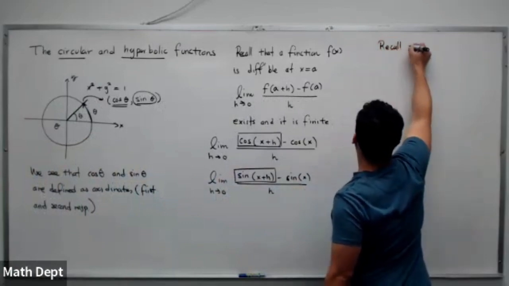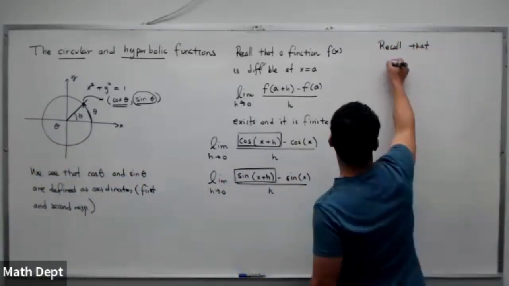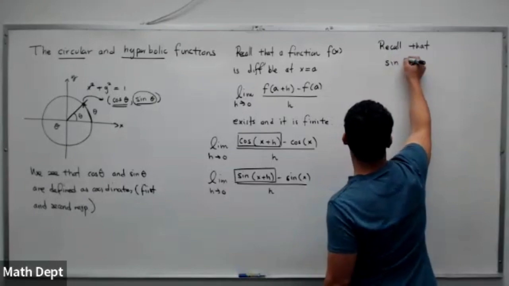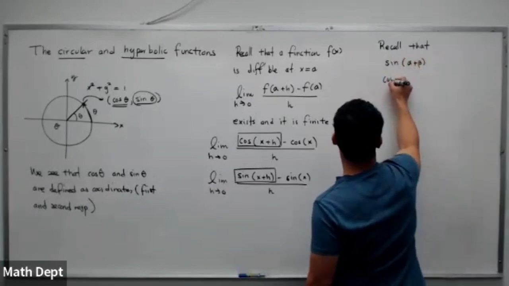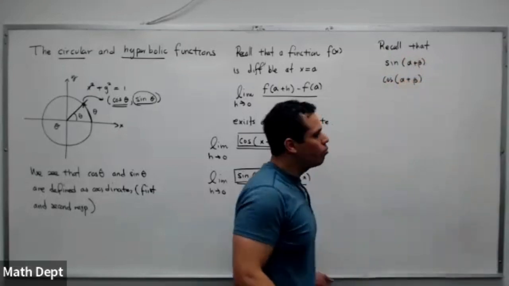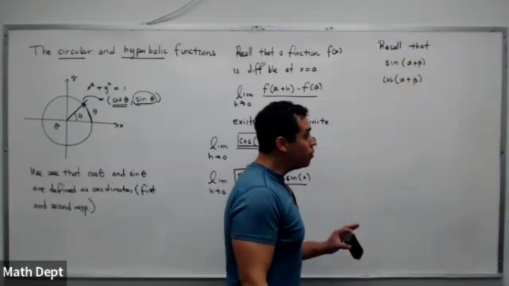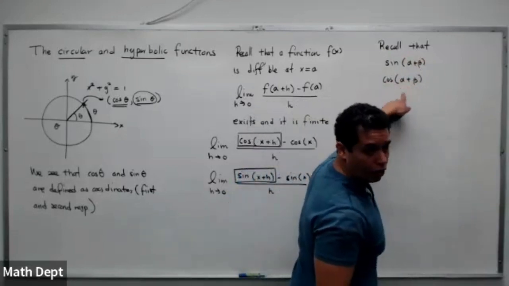Recall that sine of alpha plus beta and cosine of alpha plus beta are given in terms of sine and cosine of the angles that we have here.